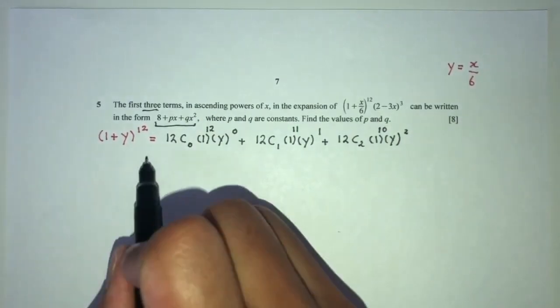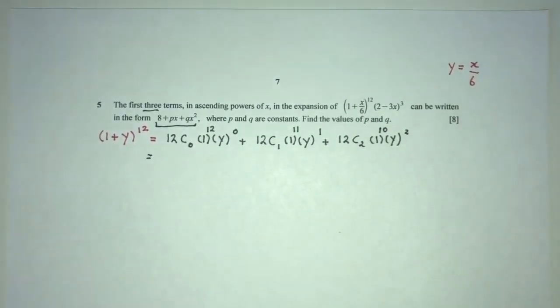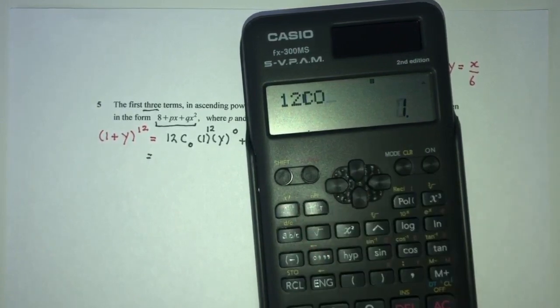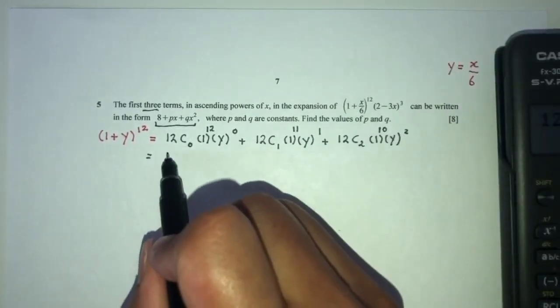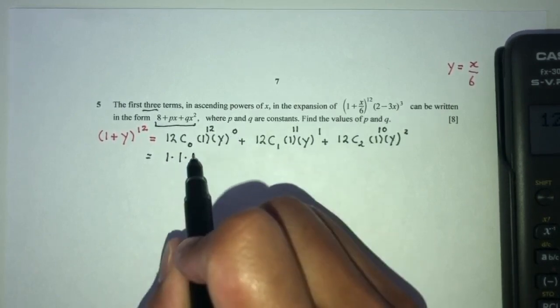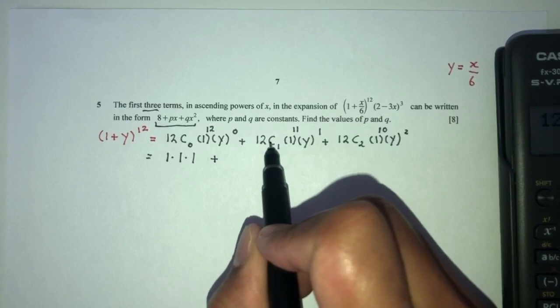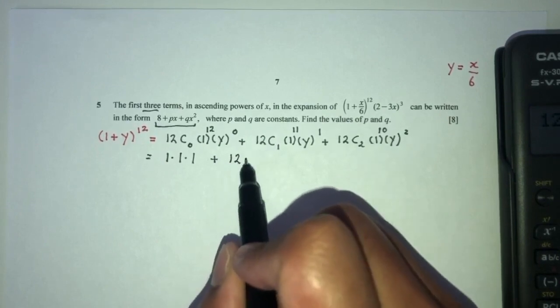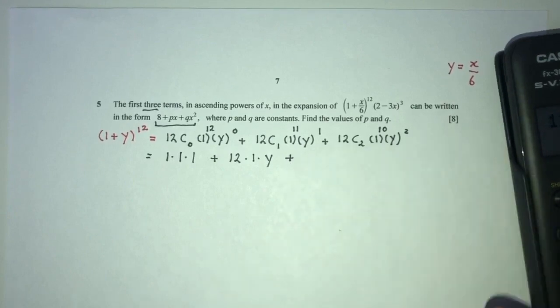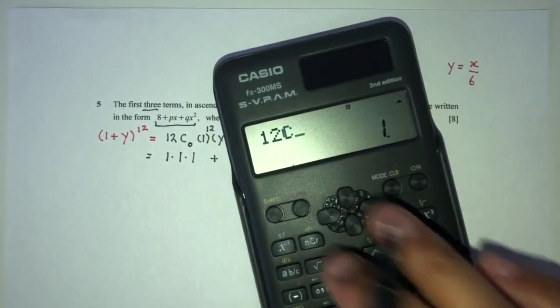Right. So 12 combination 0, so we can always check, no big deal. Combination 0, that will be 1. So 1. 1 power 12 is 1. Something power 0 is 1. Plus 12 combination 1 is 12. You can check, obviously. This is 1. This will be y. 12 combination 2, let's check.